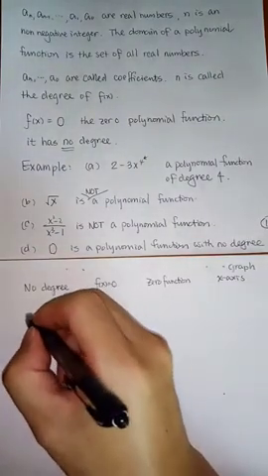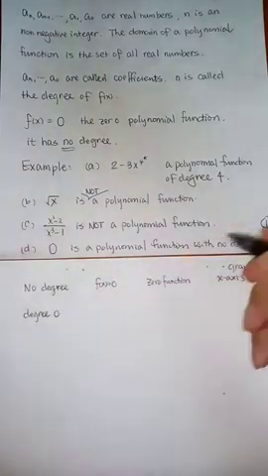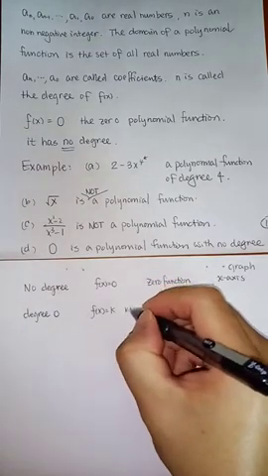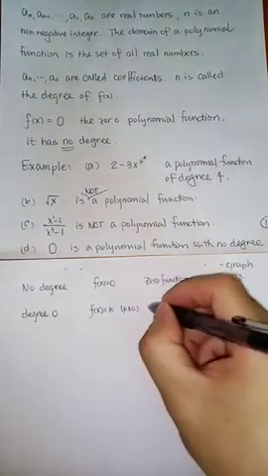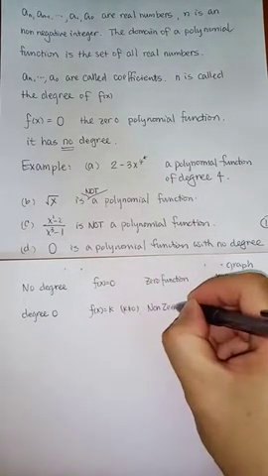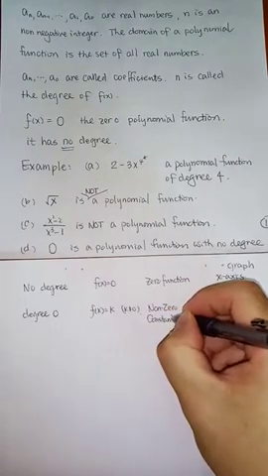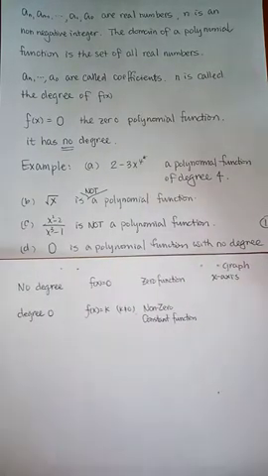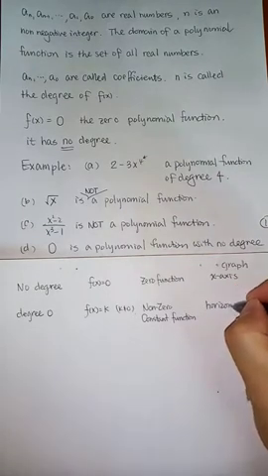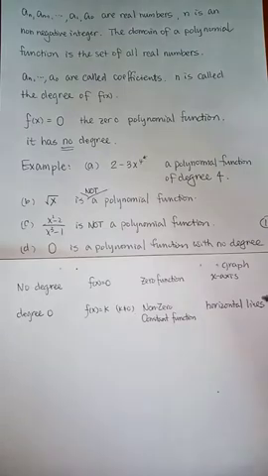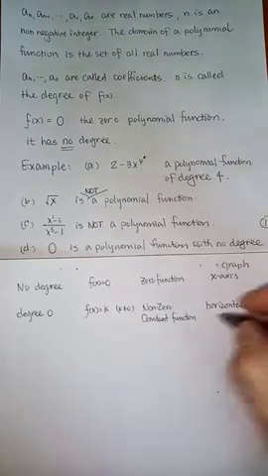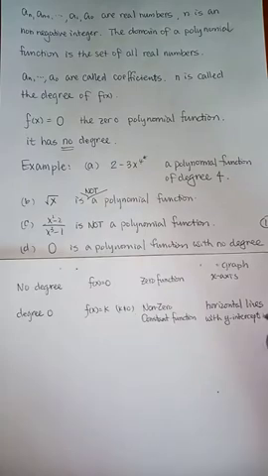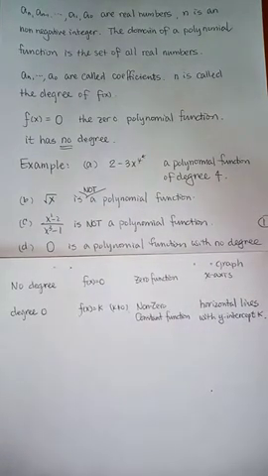If it has degree 0, it is a non-zero constant function, and its graph is a horizontal line with y-intercept k.